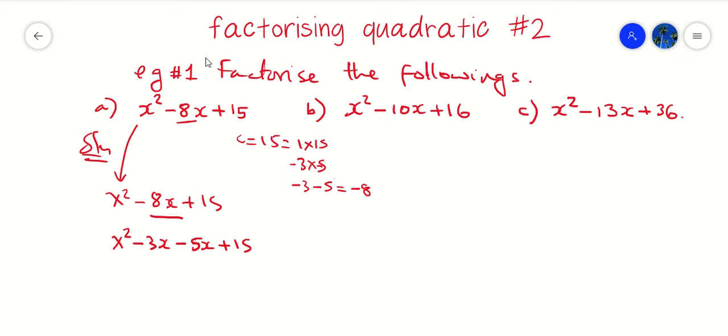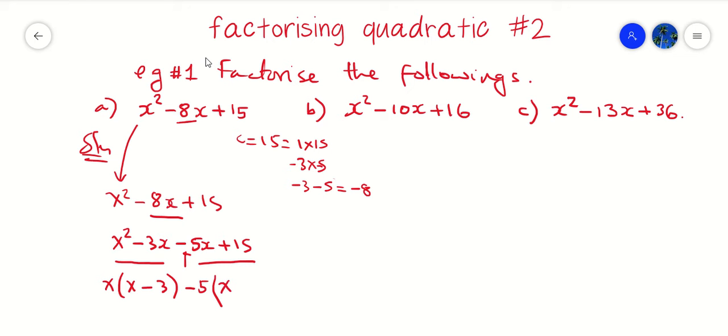Kwa hiyo terms hizi mbili za mwanzo na term mbili za mwisho na group them together. Common factor hapa itakuwa ni x into bracket x minus 3, minus 5 into bracket, minus 5x divided by minus 5 it will give me x.